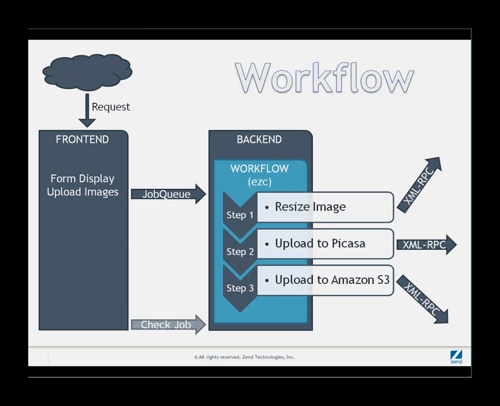So effectively resizing that image, uploading to Picasa or to Flickr or whichever particular image store that you're wanting to be using, maybe uploading to Amazon. The list is endless.